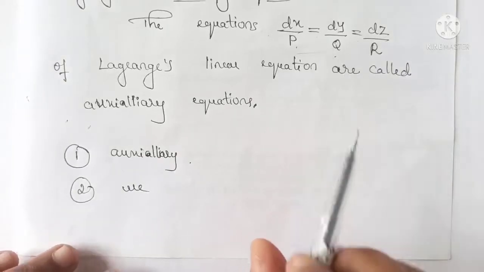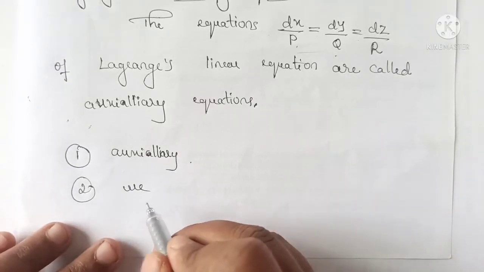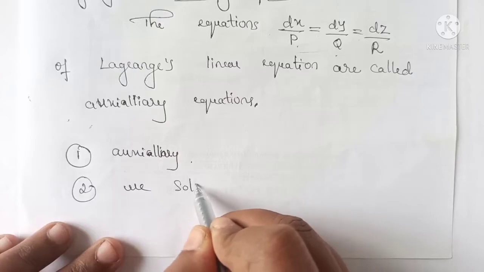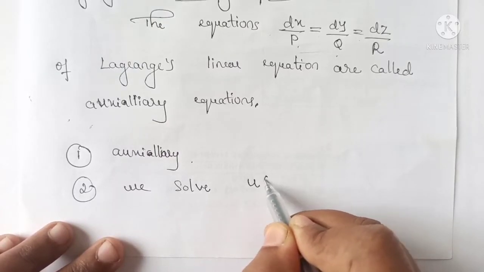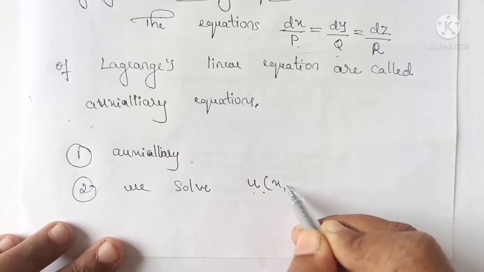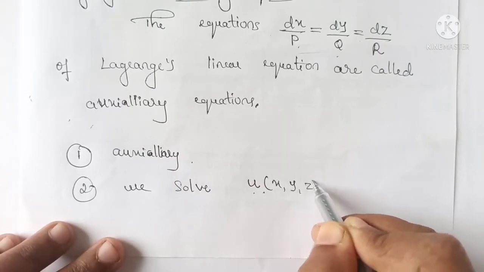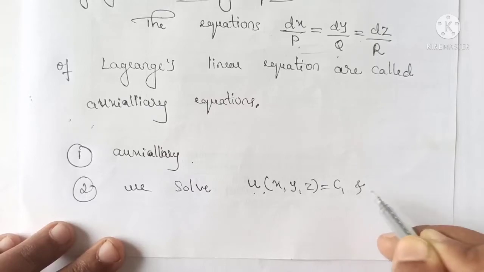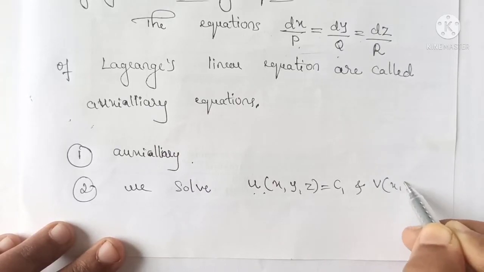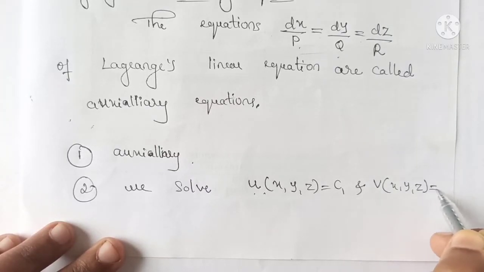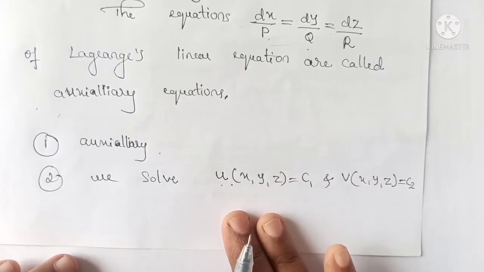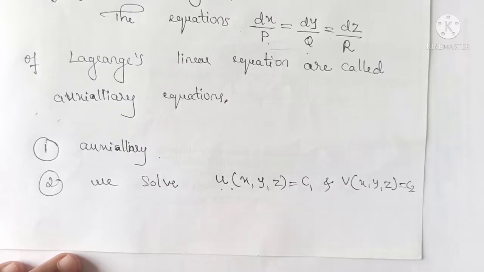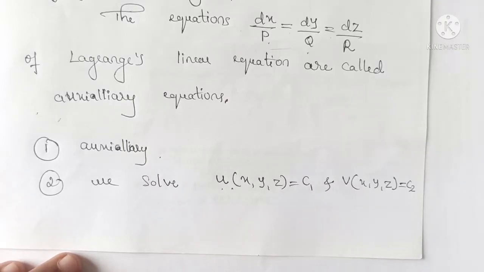By using the method of solving simultaneous equations, we solve the auxiliary equation to get two independent solutions. That is, we may consider u of x, y, z equals c1 and v of x, y, z equals c2. Already you know how to solve simultaneous equations, whose link is given in the I button.